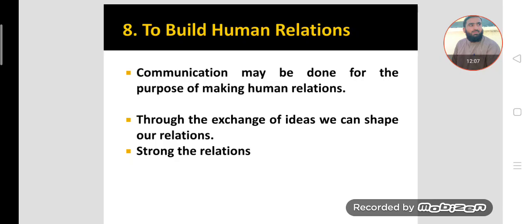Yes, we are human beings, we have certain relation with others, or others have relation with us. So how will these relations be possible, or how can we make these relations very strong, or how are we making relation with others?